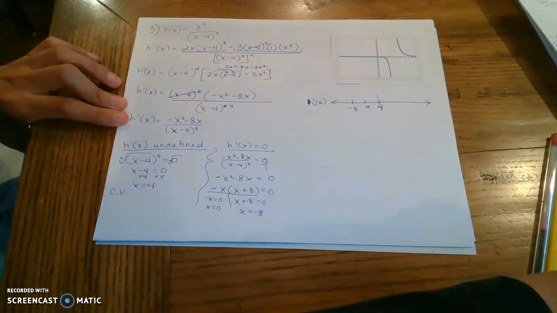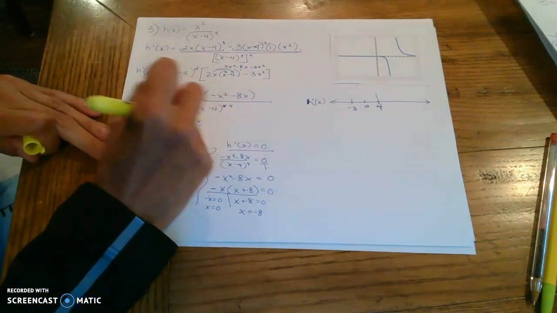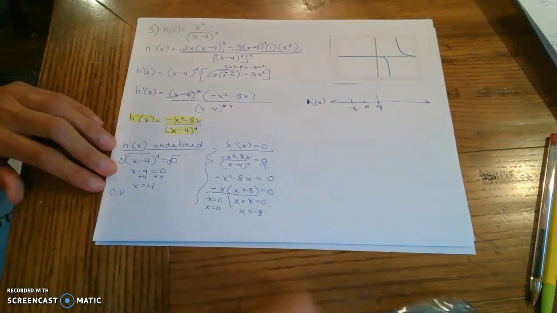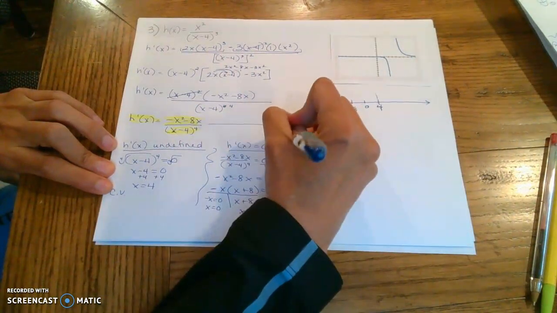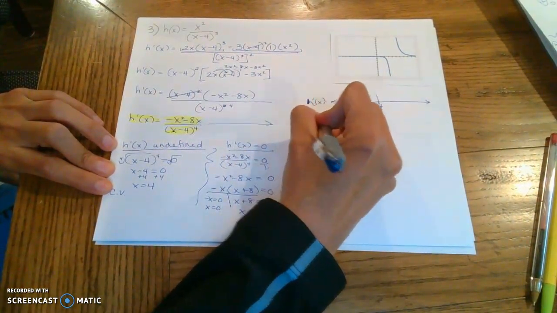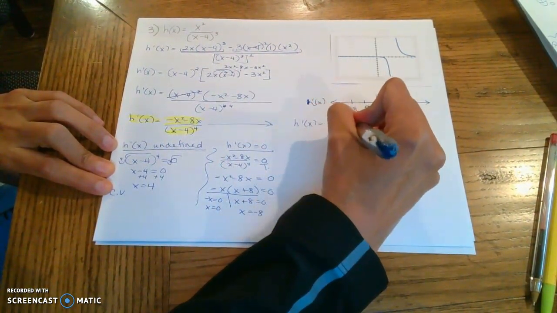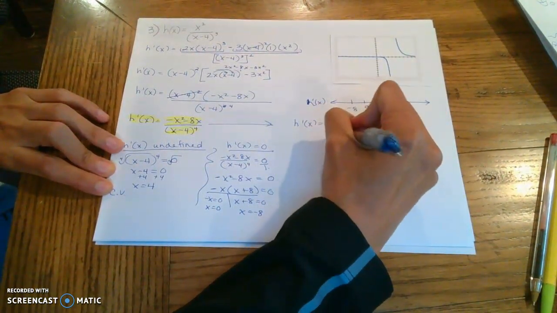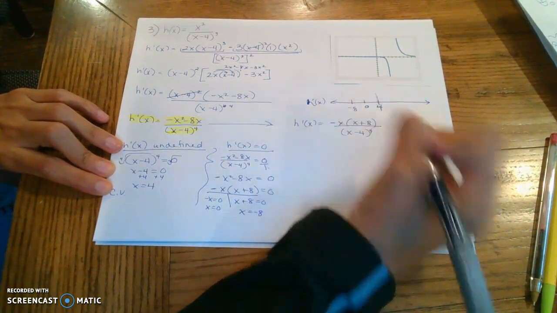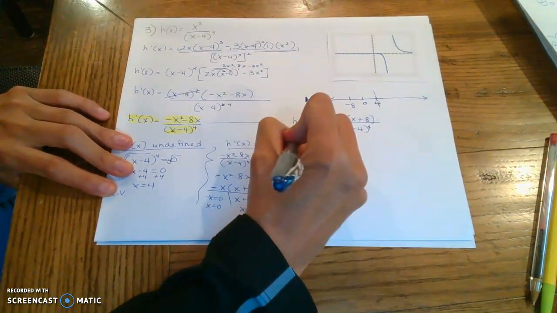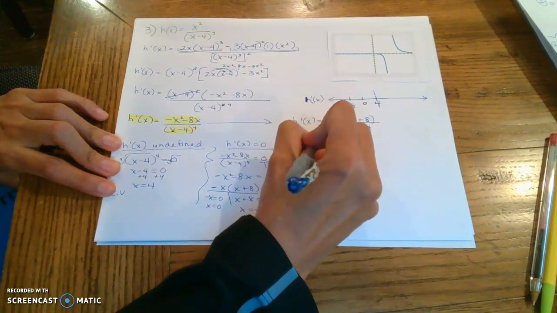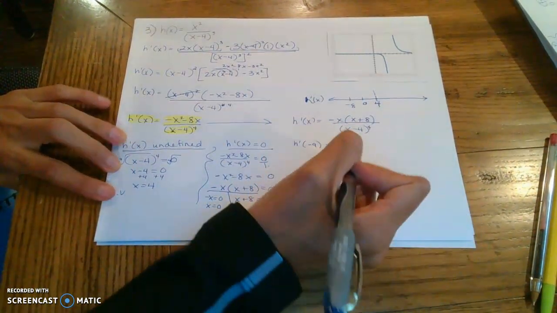So right here, this is our first derivative function. I want you to make sure it's in factored form, which it's not. I'm going to rewrite it as the first derivative is equal to negative x plus 8 over x minus 4 to the fourth. And now I'm going to test and see what h prime of negative 9 would give me value-wise.